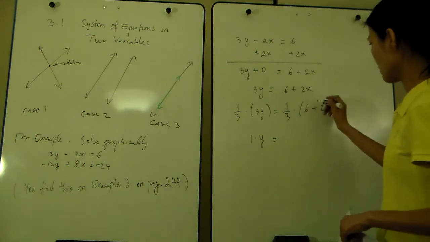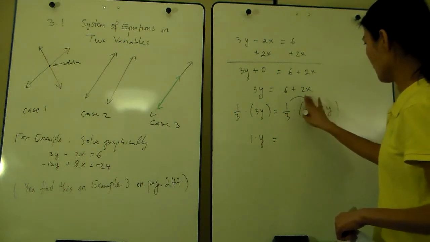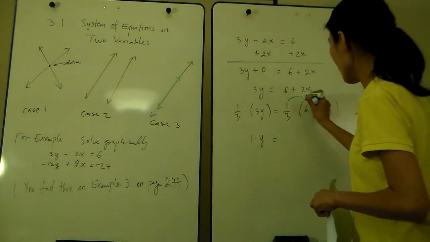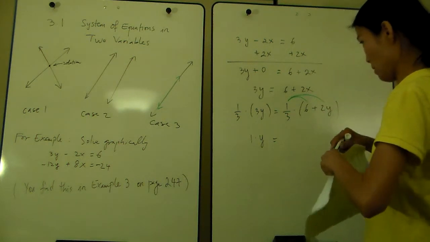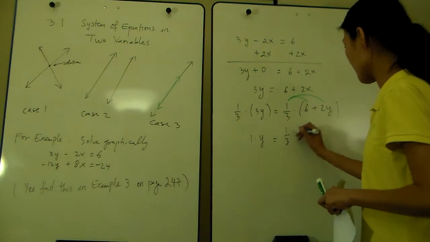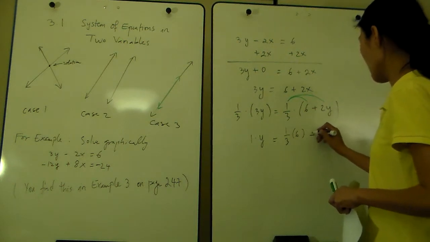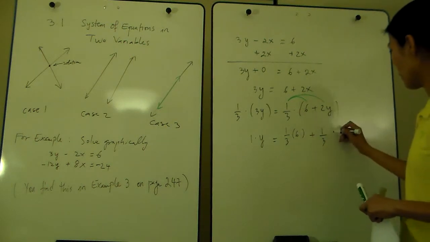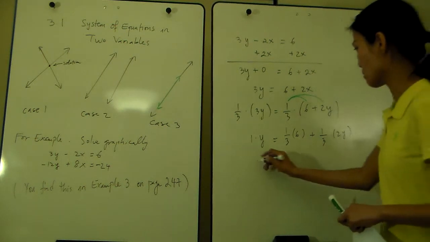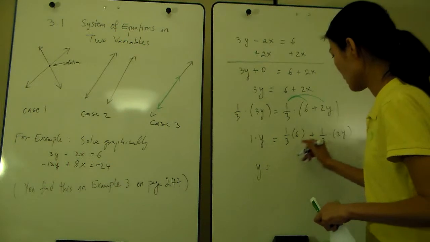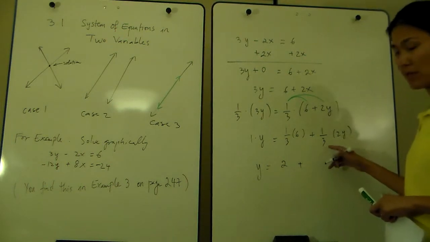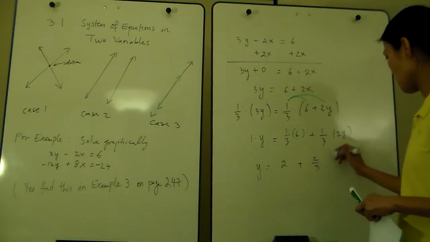Distribute 1/3. We distribute the 1/3 to each term inside parentheses. 1/3 times 6 plus 1/3, this plus right here, times 2x. Simplify 1 times y is y. 6 divided by 3 is 2 plus 2 divided by 3 is 2 over 3 times x.